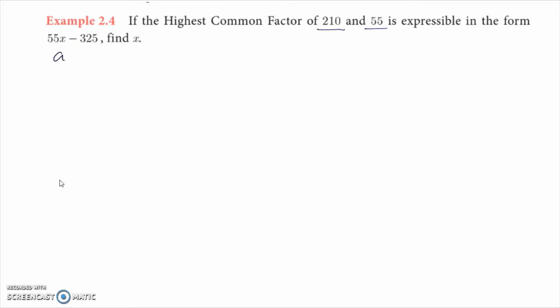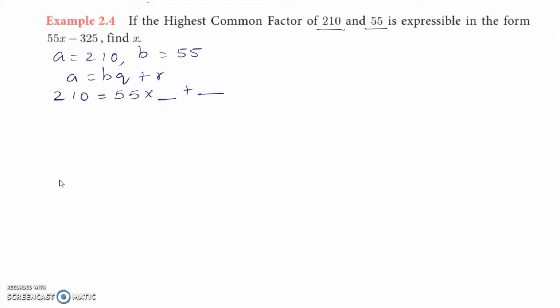Our A has to be greater than B, so A is equal to 210, and our B is equal to 55. So let's write it in the form of A is equal to BQ plus R. So 210 is equal to 55 times, we need to find this number, plus the remainder.